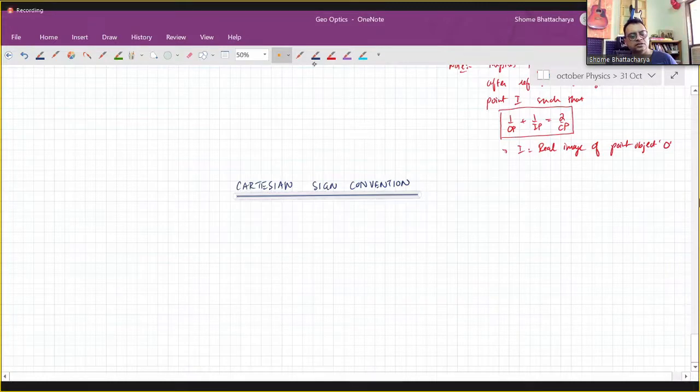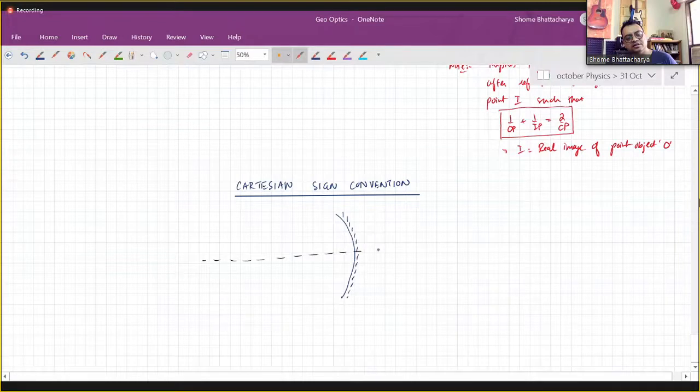So in this case, we are applying Cartesian sign convention to a concave mirror, but it's actually irrespective of that. Concave or convex mirror or lens, whichever be the case, we'll apply the same Cartesian sign convention.